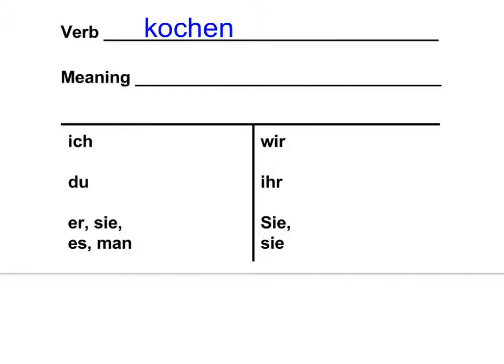Next one. This one you've seen already. What does kochen mean? To cook. How do you conjugate for ich? Koche. Everybody, koche. Du? Kochst.